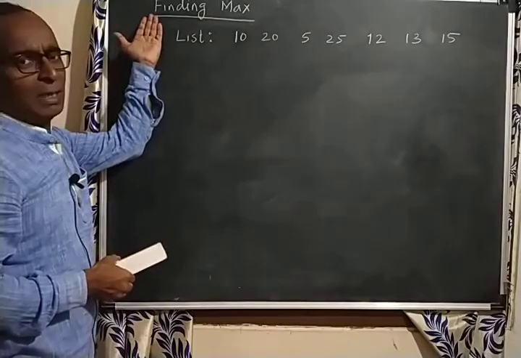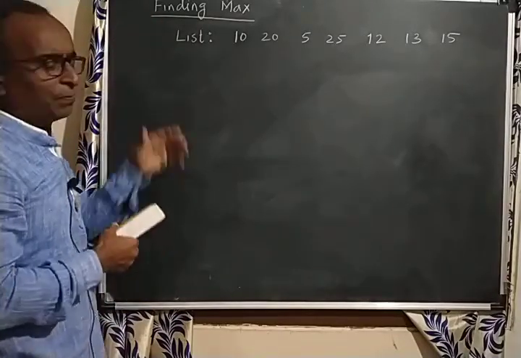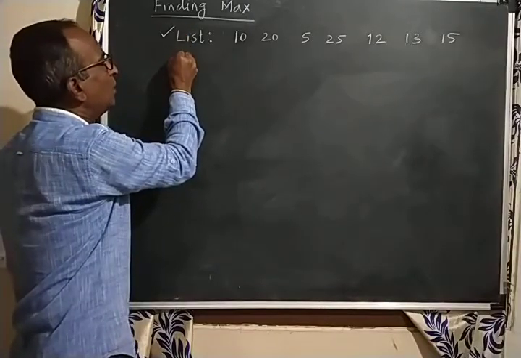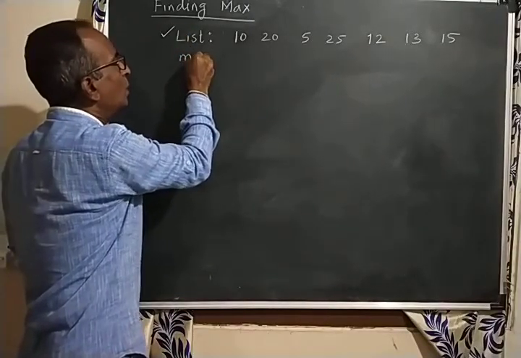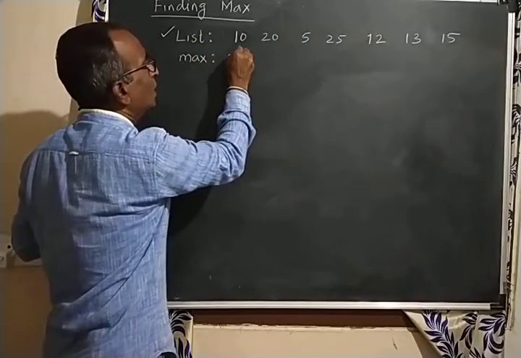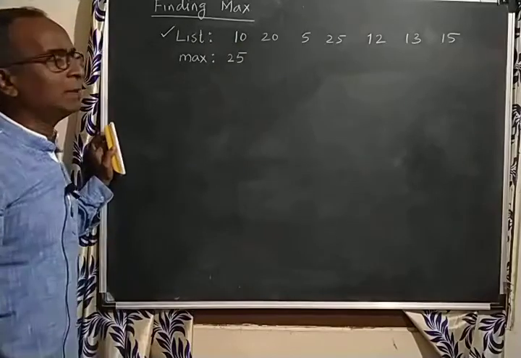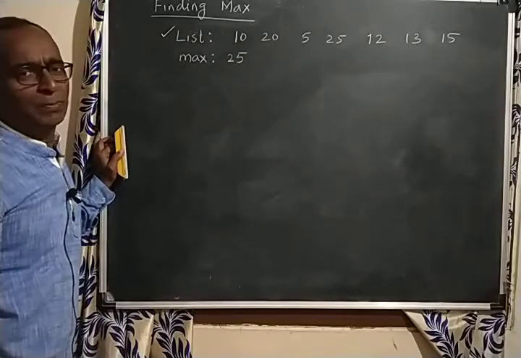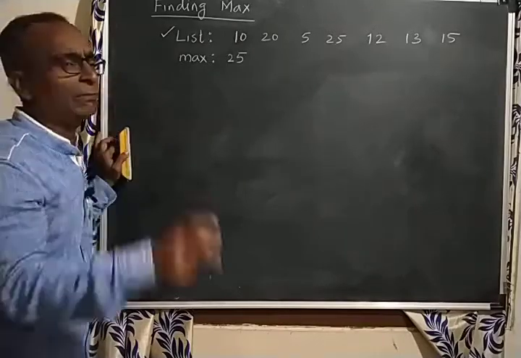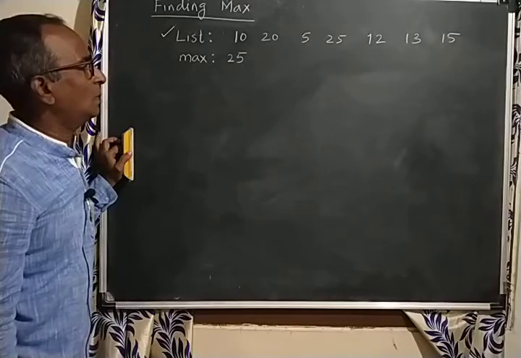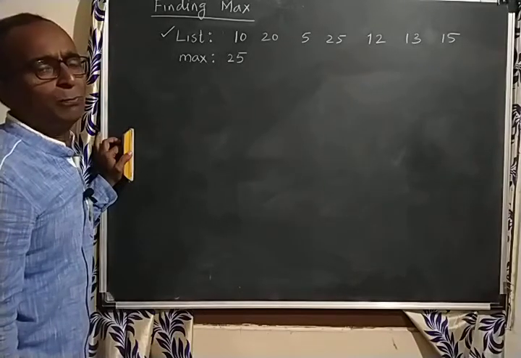Now, finding maximum from this list, this will be the input. Then the output will be, we want the maximum element out of this. That is, 25 is maximum in this list. So this is our aim. A list is given, you have to give the max element from the list. So, in this case, how to find that?